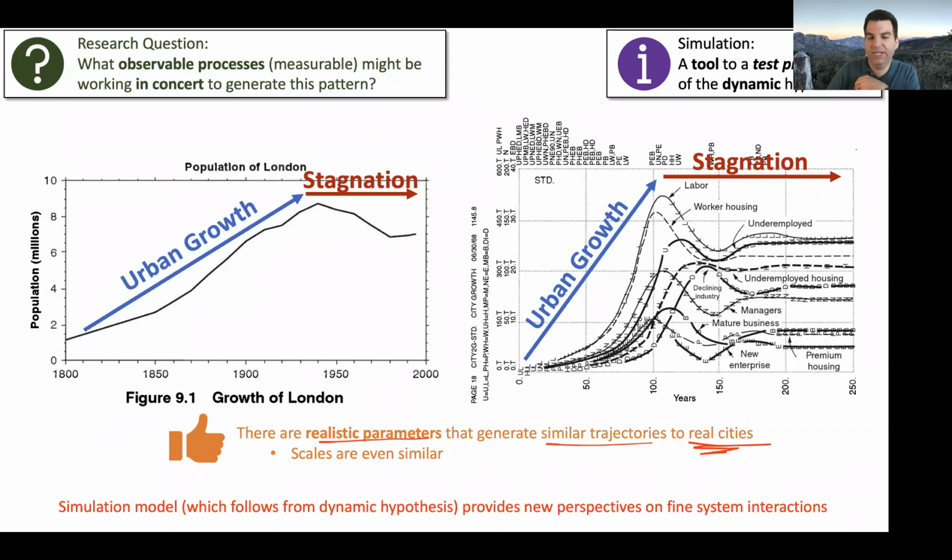And we can see how it changes these trajectories relative to our base case. And that can tell us what are good things to do in the real world, what are potentially bad things to do in the real world, and what things are just inevitable. They happen regardless of what we do. That's what we'll use this simulation for. So it provides new perspectives on these interactions and allows us to play with something in a way that we can't play with the real world before we start coming up with new policies for the real world.